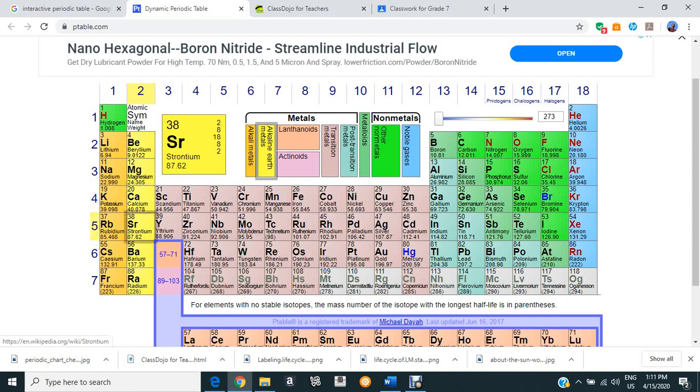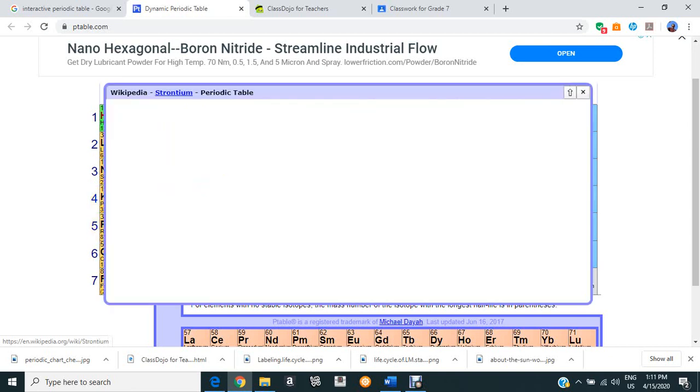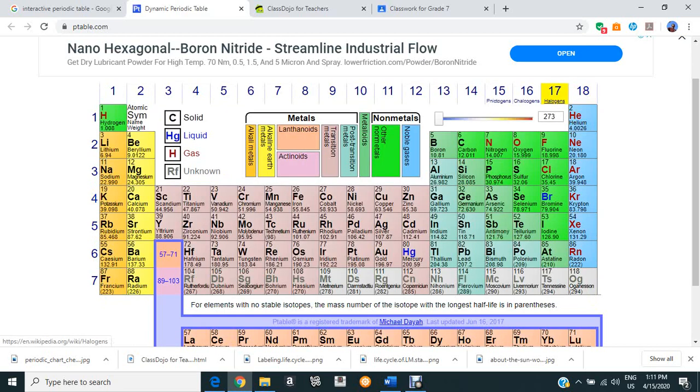About the numbers you see on the side, like in strontium here, these are the number of electrons on each level in the electronic cloud. You know that strontium is an element with a nucleus that has 38 protons, right?